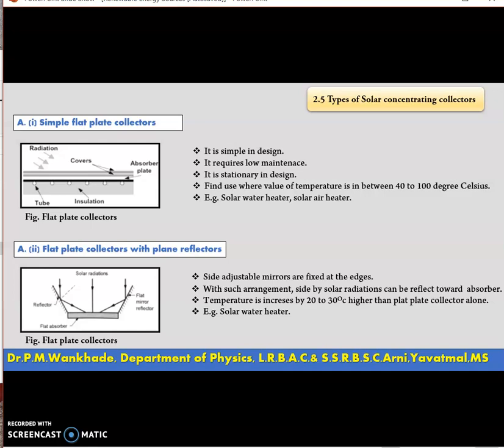Any device that is able to collect solar radiation and convert it into another form of energy, basically thermal energy or electrical energy, is called a receiver or collector. This can be done in two ways.